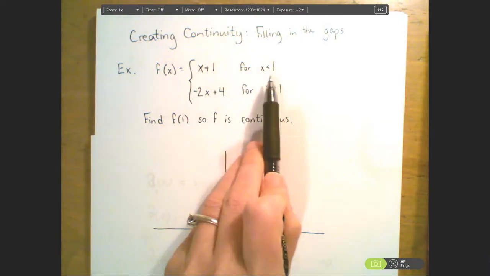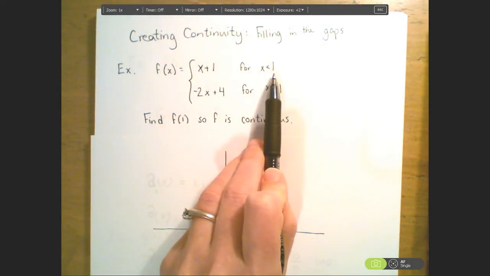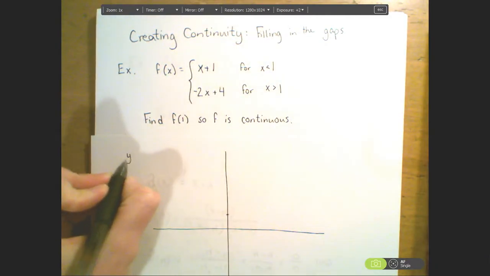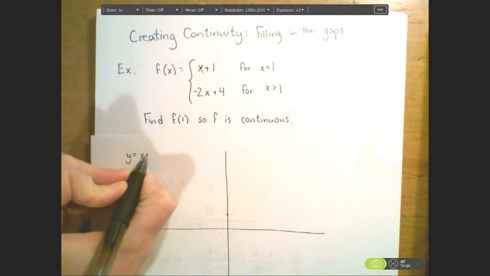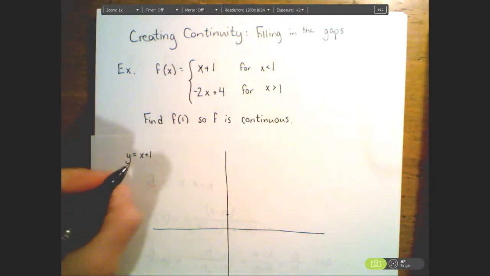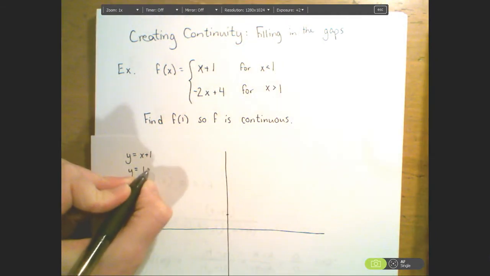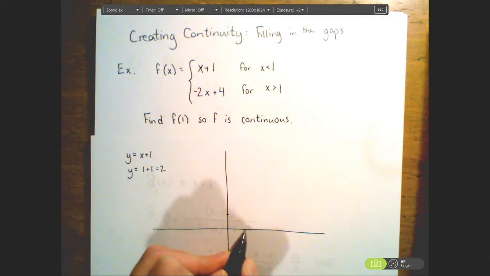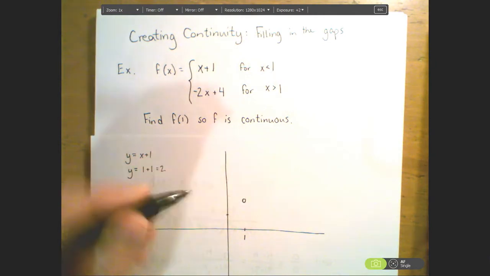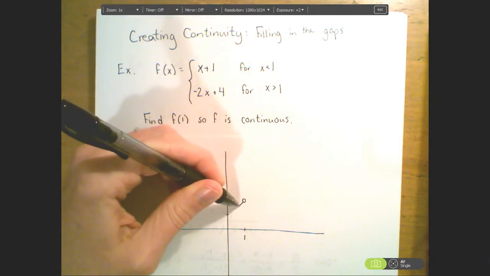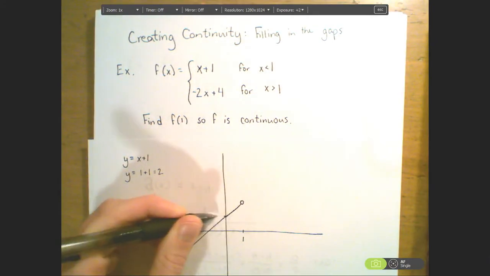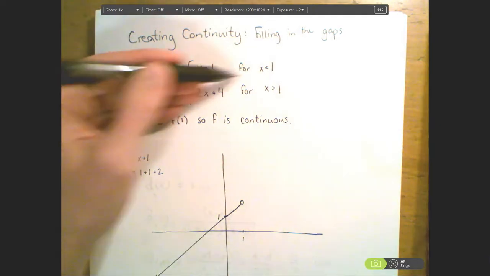And at the point x equals 1, if this line were to continue, I'll write this over to the side, if we're looking at just the function y equals x plus 1, and we want to know what happens when x is equal to 1, we see that y is 1 plus 1, which is equal to 2, meaning that for an x value of 1, our y value is up here at 2. And that's undefined, and it's a line of slope 1 that goes through that intercept right here at y equals 1. That's for the first part of this function.